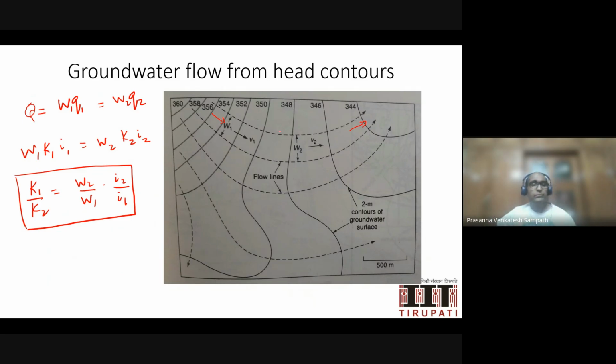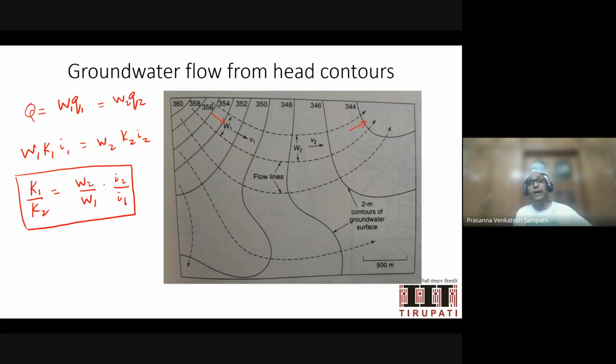So Q1 is K1 times I1 and Q2 is K2 times I2. Now, going by this equation, I can simply insert those in there. I get W1 times K1 times I1 equal to W2 times K2 times I2, which if I rearrange, I get this interesting expression, K1 by K2 equal to W2 by W1 into I2 by I1. I've just rearranged the terms a little bit.